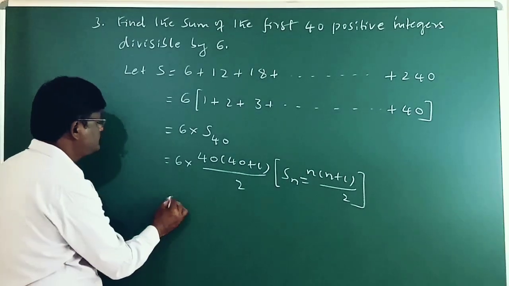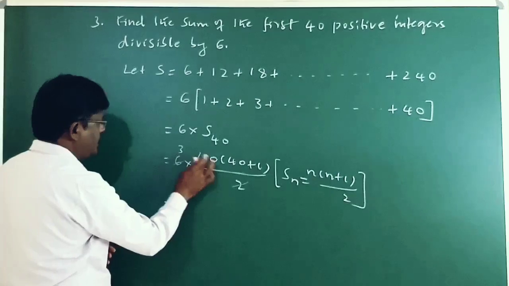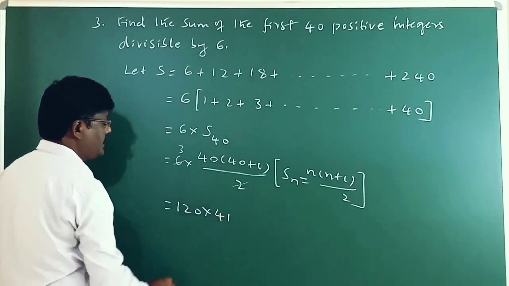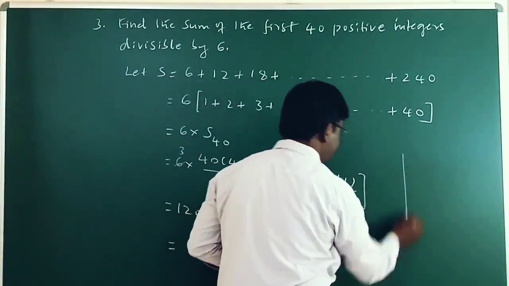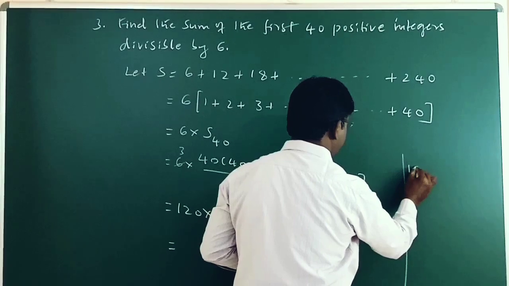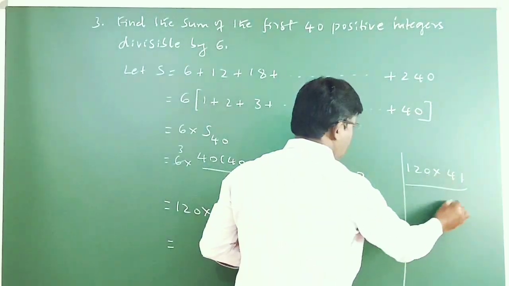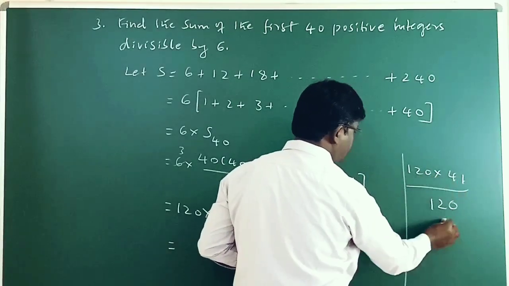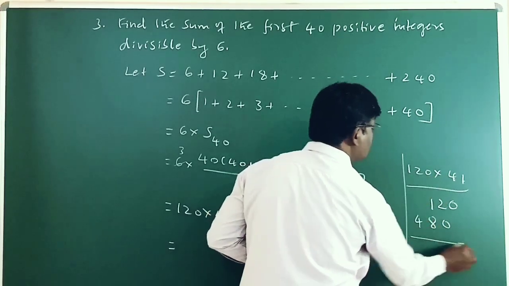Okay. Now, 1s are 3s are 3, 3 into 40 is 120, into 41. Let's come to the rough work: 120 into 41. 1 into 0, 1 into 2, 1 into 1; 4 into 0, 4 into 2, 4 into 1, 4.